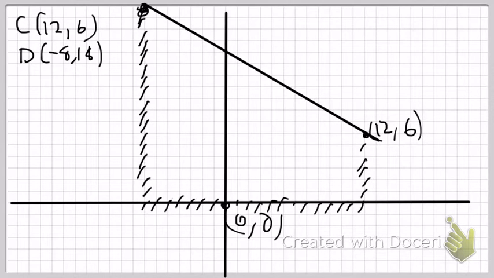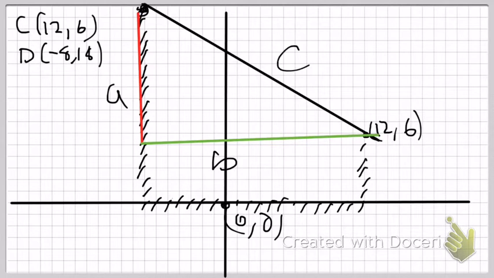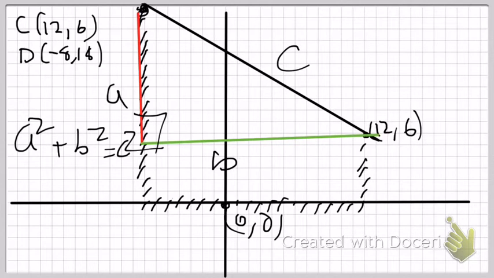Now, if you look at the 2 lines, again, it's important to realize that the distance formula is a derivative of the Pythagorean theorem. So if we were to call this a right triangle, this A, this B, and this C, then we would easily be able to say that A squared plus B squared equals C squared.